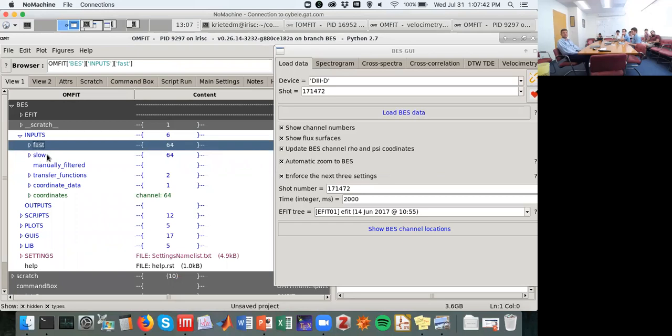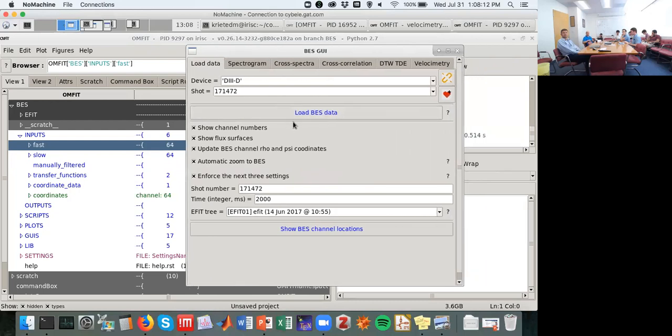And just briefly, the reason we separate fast and slow data is kind of historical for D3D, but basically the fast data is the actual turbulent part, and it is sampled at megahertz speeds. The slow data is at kilohertz level speeds, and that gives you how the slow evolution of the density evolves throughout the plasma. So it's sort of the turbulence part and the mean part.